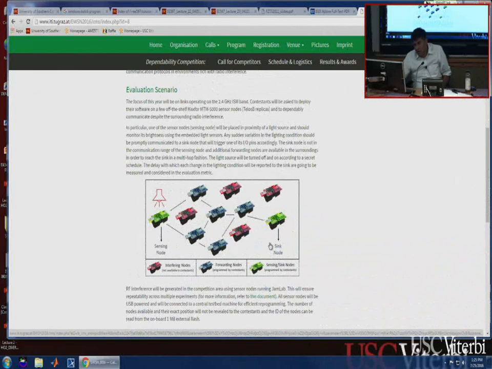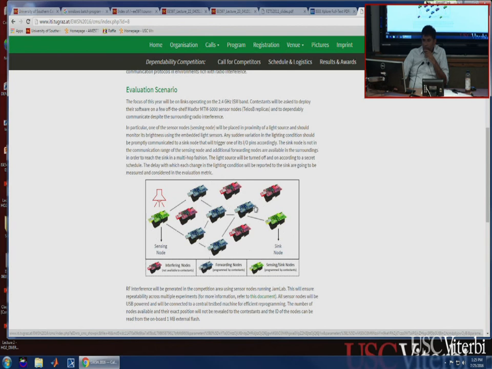So you had one of these wireless devices would be sensing a light, and it would have to measure its brightness and communicate to the sync node if the light gets turned off or on, right? So that's the message that needs to be broadcast throughout the network.